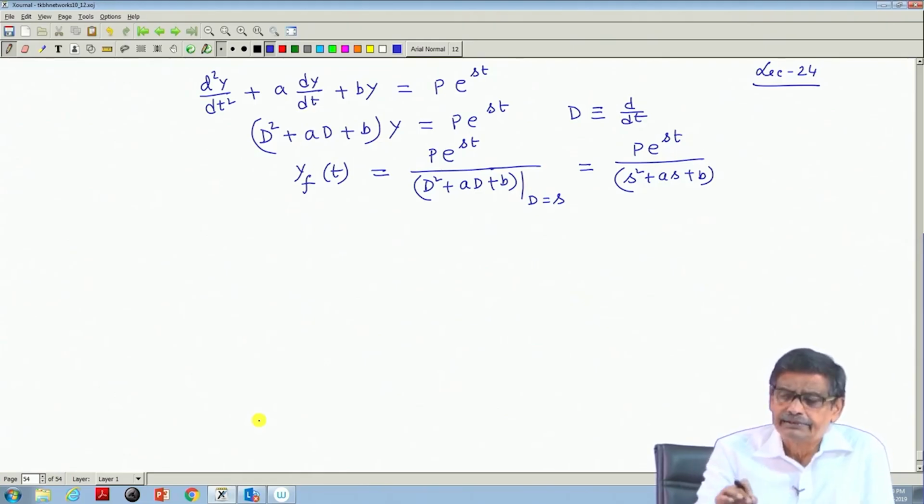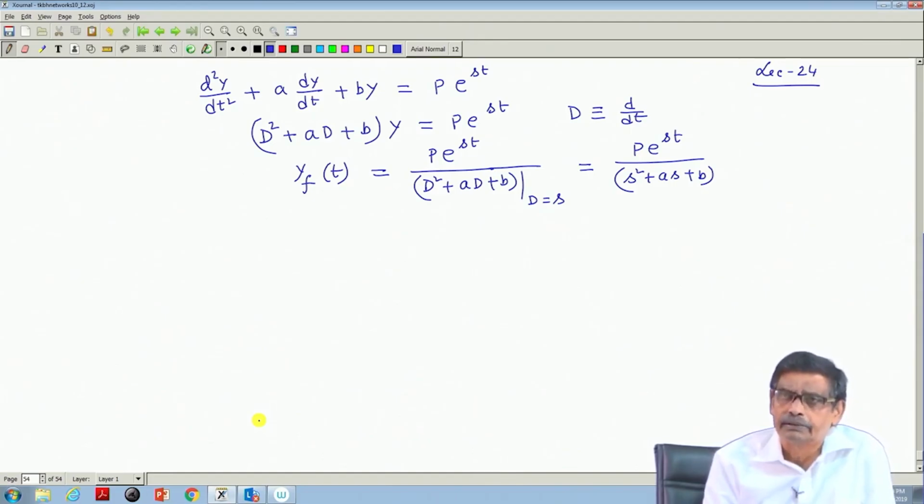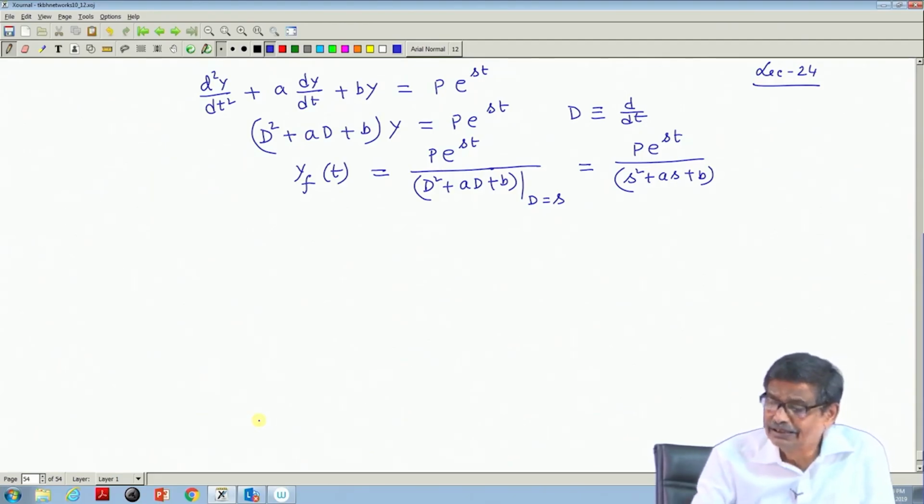Now, is there any restriction on s? As such, no. s could be any real number, also it could be a complex number, no problem. The only thing is, you are evaluating this denominator by putting D equal to s.